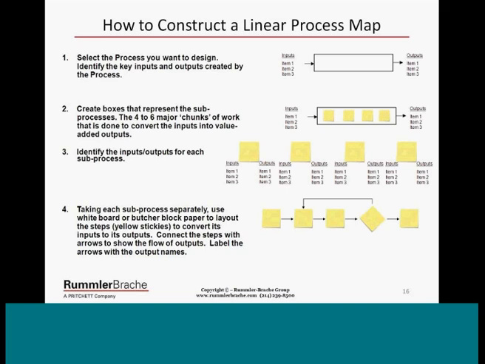Once you have that context, so everyone's clear on what the inputs and outputs are, and they know what the sub-processes are, then you can map each sub-process as a linear map and then connect them all together. So again, using these post-its is a very straightforward activity. I find teams can do this fairly easily, especially if you give them an example.